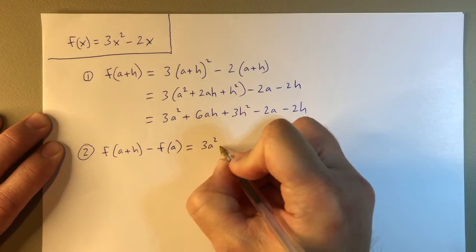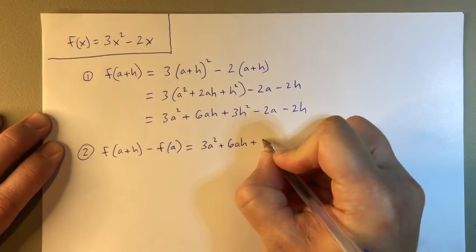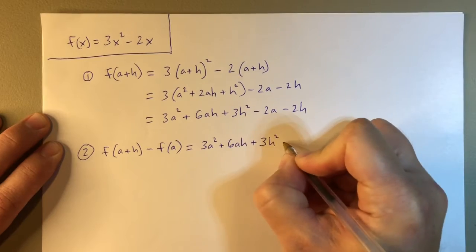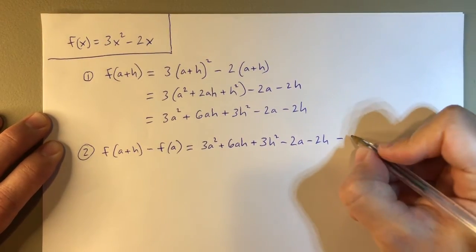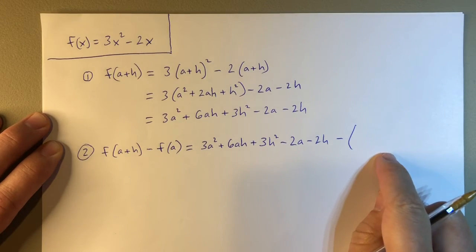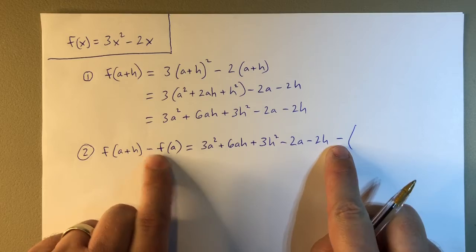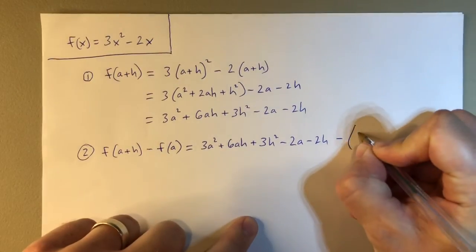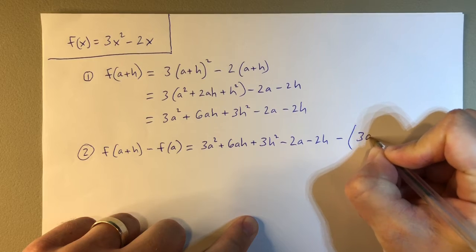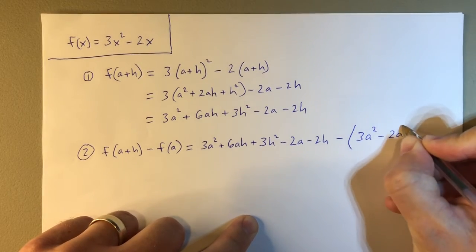So 3a squared plus 6ah plus 3h squared minus 2a minus 2h, and then minus the quantity of whatever this is going to be equal to, so minus f of a. Everywhere you see an x in the original function, you replace the x's with a's. And it looks like that.